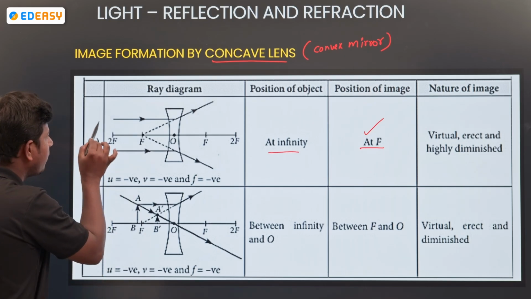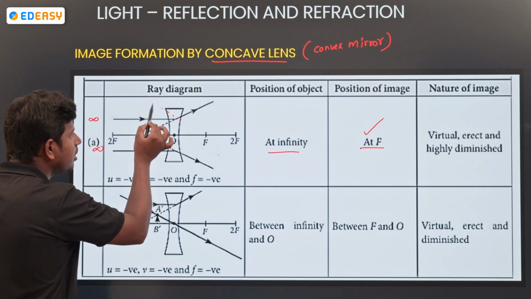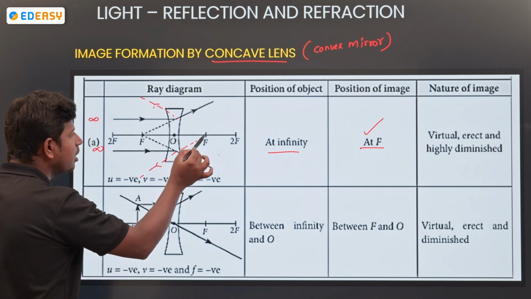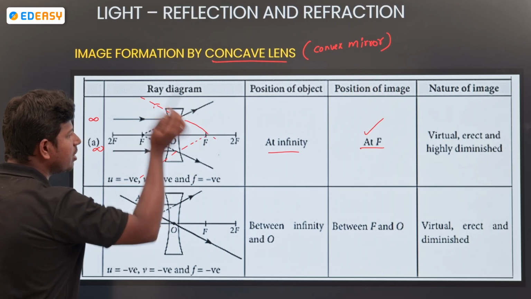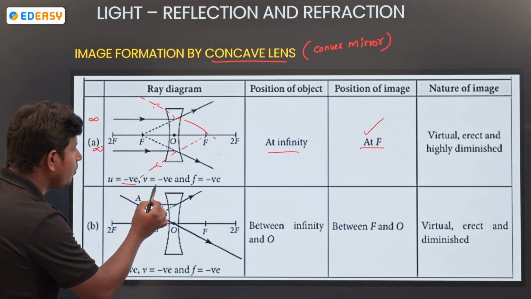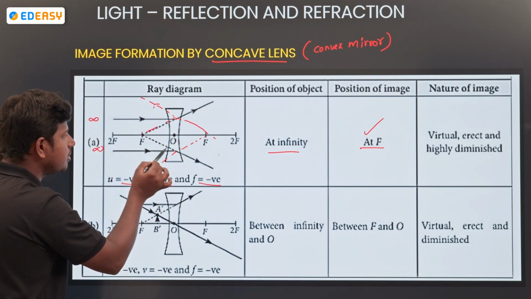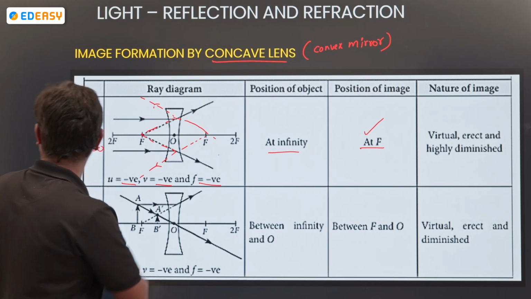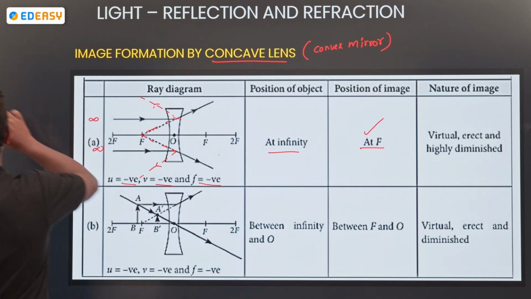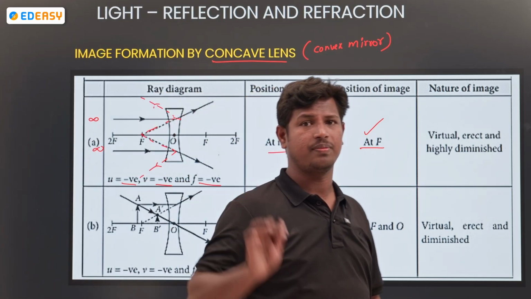The light rays coming from infinity meet at f, virtual. Look at the sign conventions: u negative, v negative, f also negative. There only u is negative, v and f are positive.